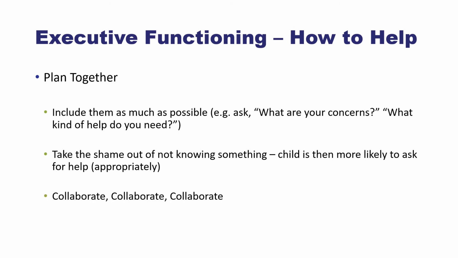Collaborate with your child. Work with your child, right? You want to keep open lines of communication with your child at all times during a plan, again, so that you're building up that skill for your child to advocate for themselves and to let people know when they need help, and start to develop skills too about knowing what kind of help they need in certain areas.